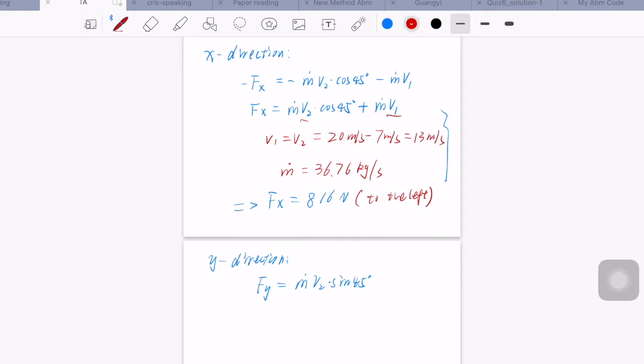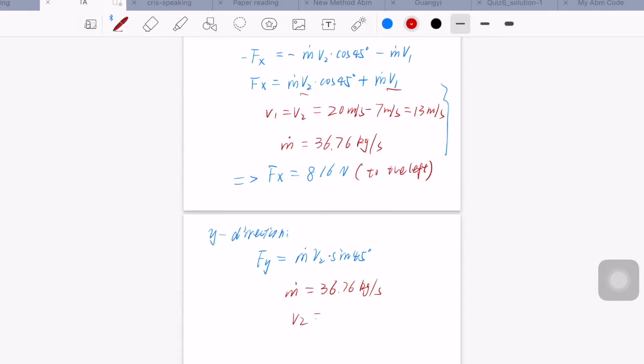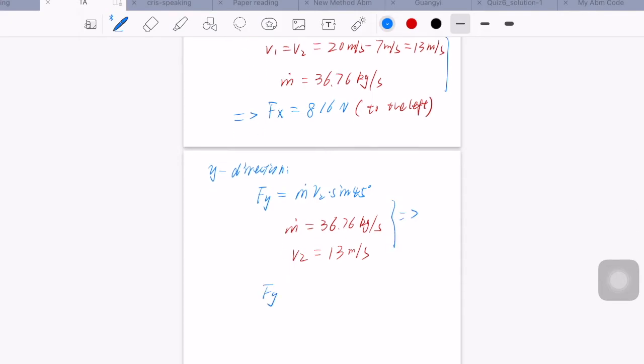And we know m dot equals 36.76 kilograms per second, and v2 is 13 meters per second, so we can determine that Fy is 338 Newton, and the direction is upward.